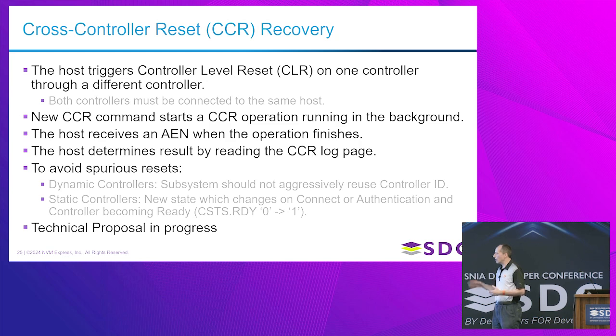The reason is that with dynamic controllers, you don't expect to get that controller back, and so you don't have a way of telling necessarily that it's finished cleaning up. When you get a new dynamic controller, you're expecting it to be a clean slate.